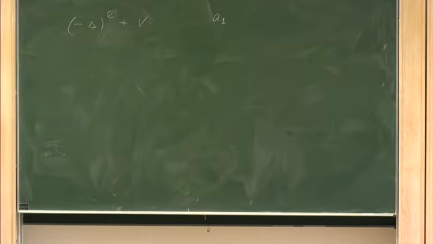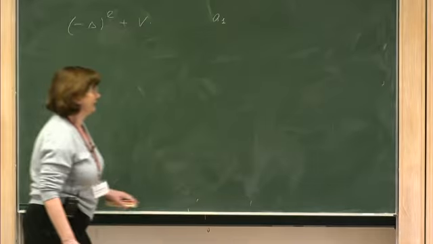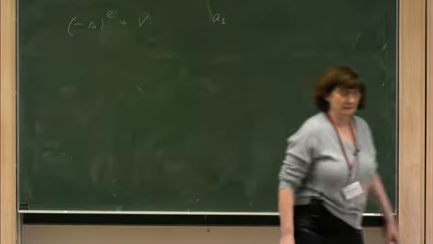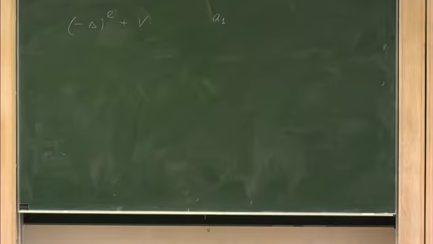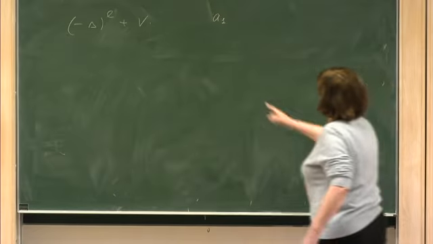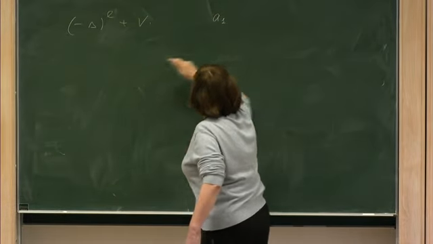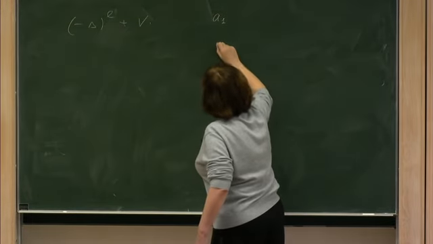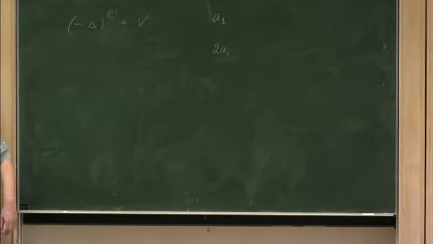This is A2, this is 2 pi over A1. But if the potential has a period A, it definitely has a period 2A, 3A, 4A. Suppose I'm not good and I think about the same operator, but I think that it has a period 2A1. What happens with this picture?